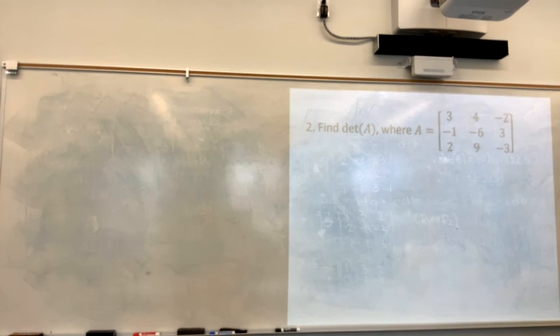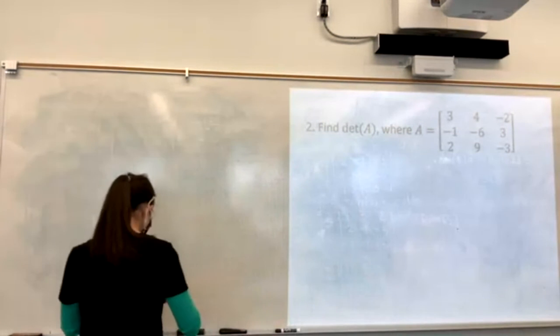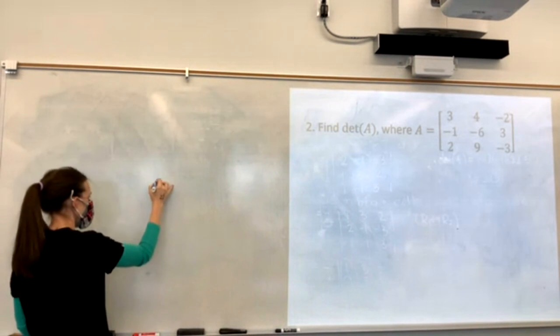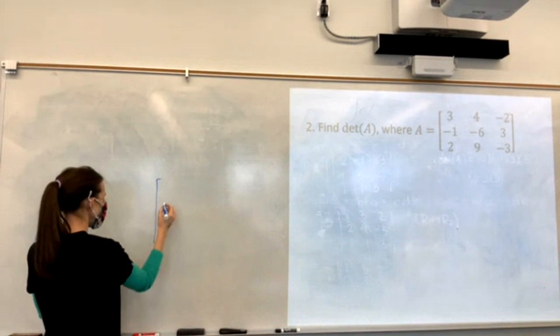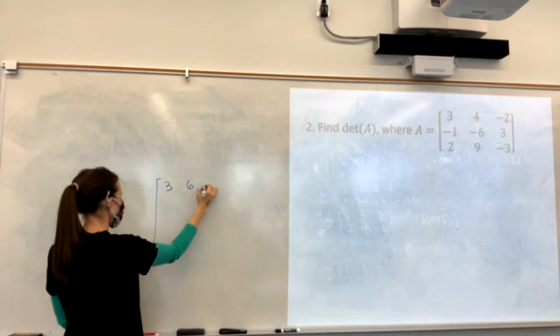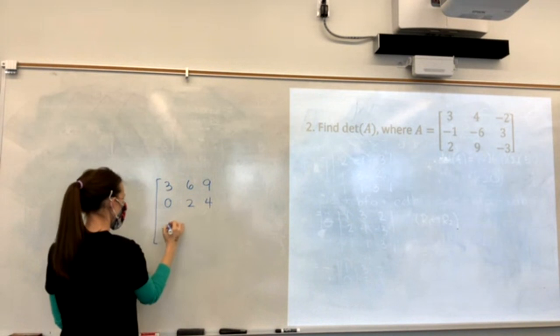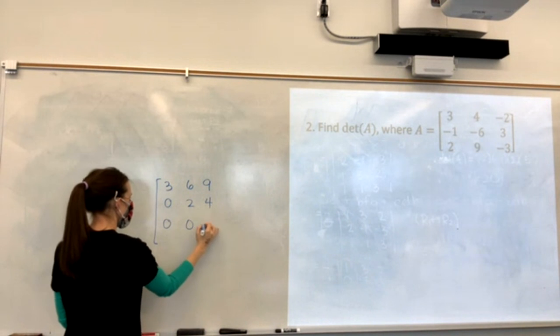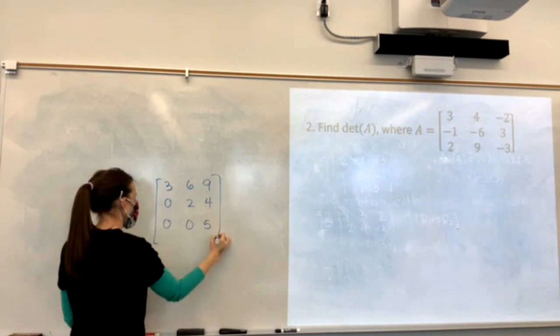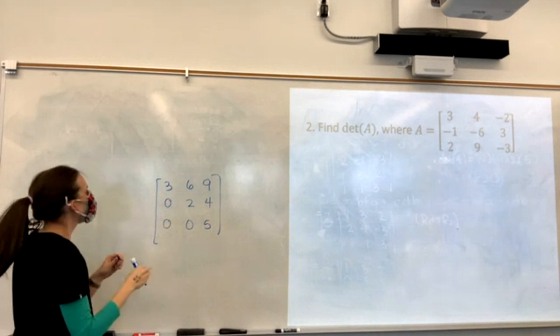Also, I'm confused. If you factor out the scalar from one row, why does that affect the whole determinant? Well, let's think about it. Say you have 3, 6, 9. We'll do one that we can do easily.